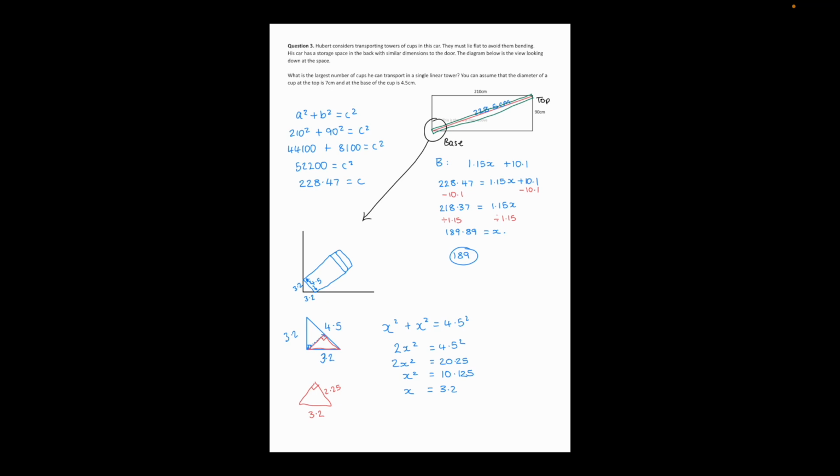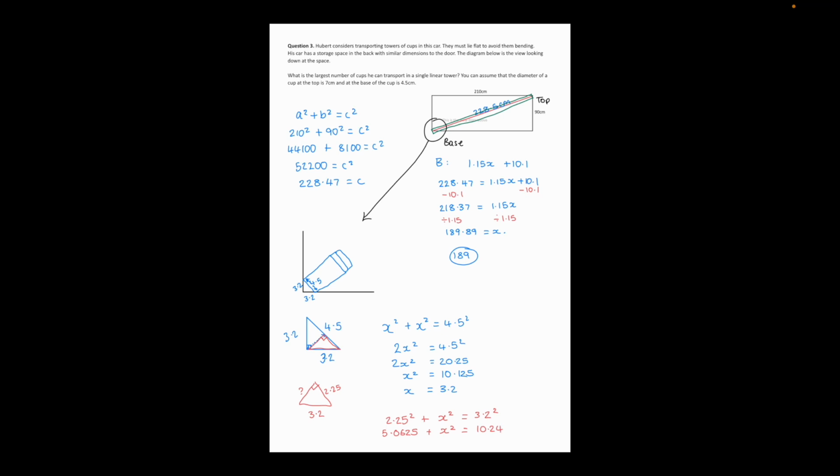This time I have 2.25 squared plus something squared, let's call it x again, is equal to my longer side of 3.2 squared. So 2.25 squared is equal to 5.0625, and 3.2 squared is equal to 10.24.